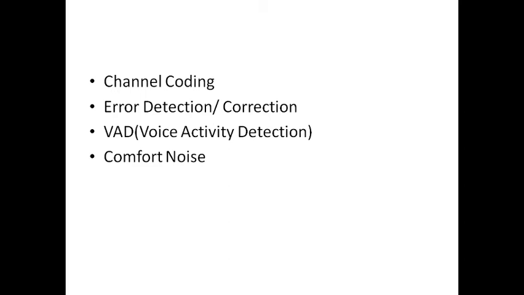Why is this mechanism used? It helps to decrease interference, as the channel might be silent sometimes. Channel might be silent sometimes means whenever two mobile stations are contacting each other, one person may be talking and one person may be listening. So the other person will stay silent until the first person stops talking. We don't know at what time the first person stops talking, so we will wait for the first person till he stops talking.